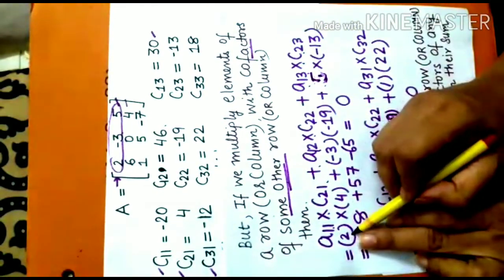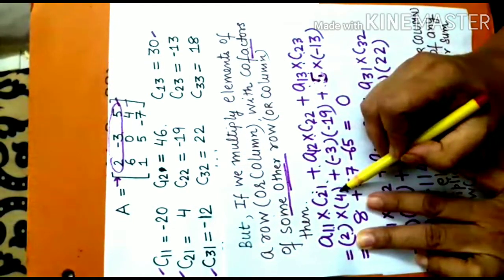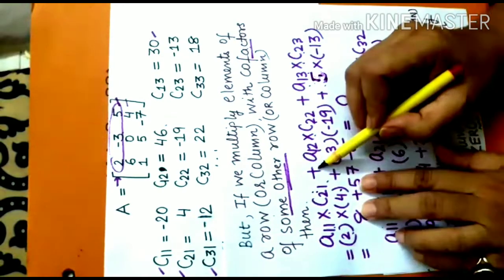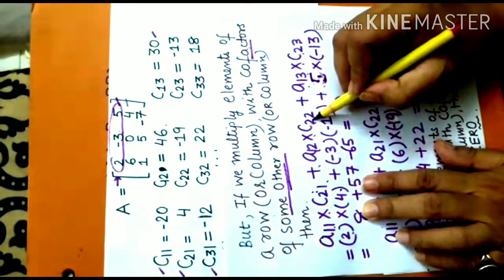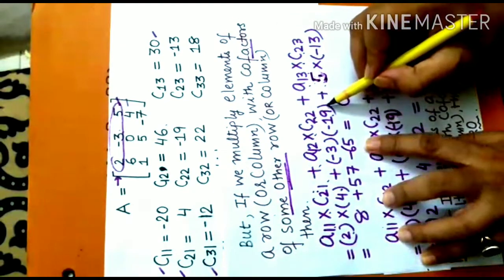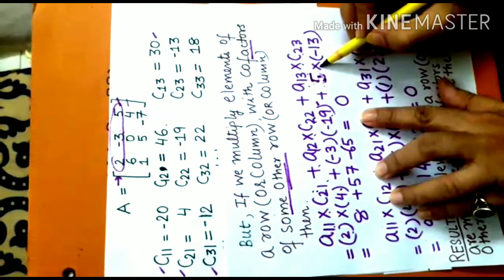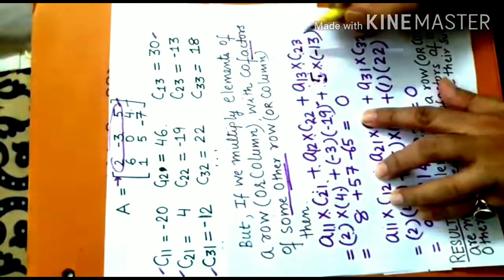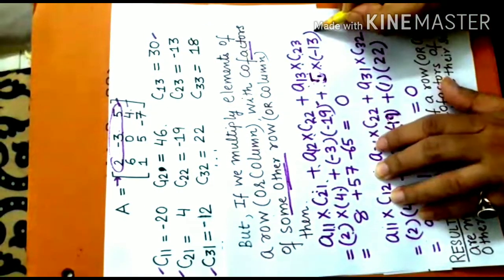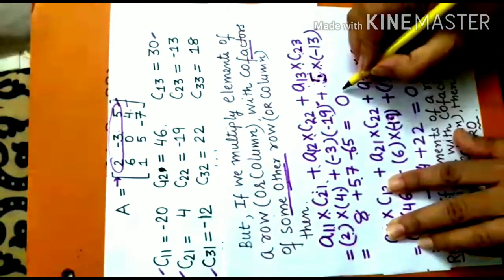So here A11 is 2 and the cofactor of the first element of the second row is 4, plus A12, which is -3, into C22, the cofactor of the second element of the second row, which is -19, plus A13, which is 5, into C23, the cofactor of the third element in the second row, whose value is -13. So I'll get 8 plus 57 minus 65, which is 0.